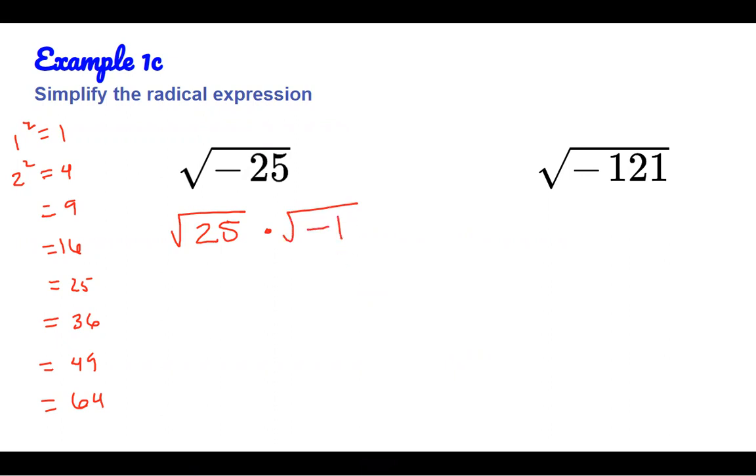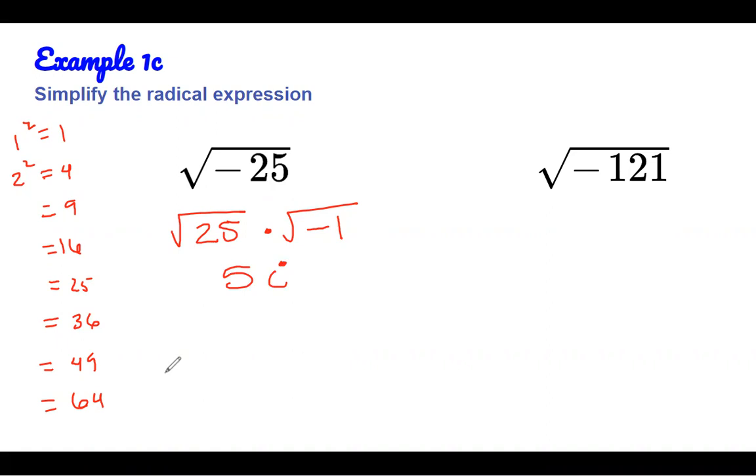Can I do that? Yes, because they're multiplying together. All right. Now, what happens here? What is the square root of 25? 5. And what is the square root of negative 1? i. So this is going to be 5i.